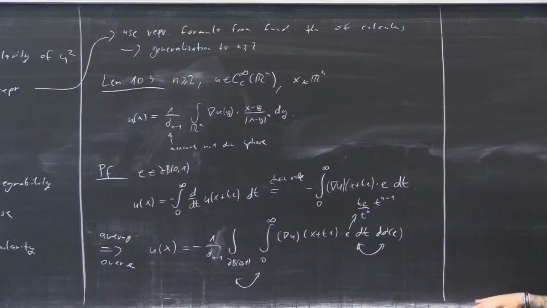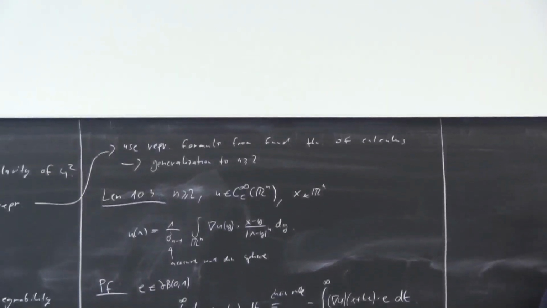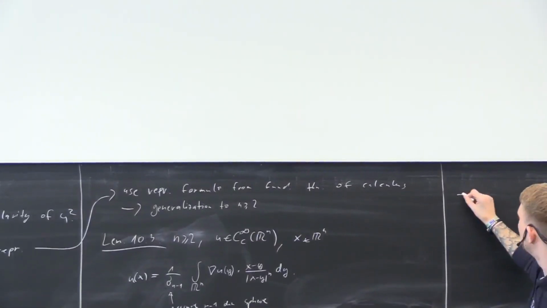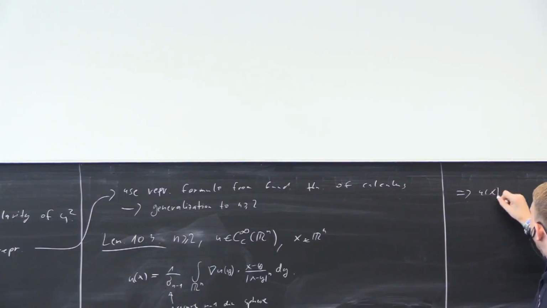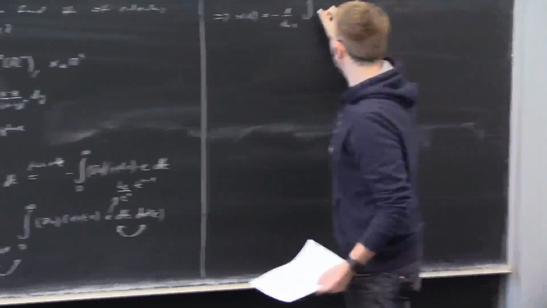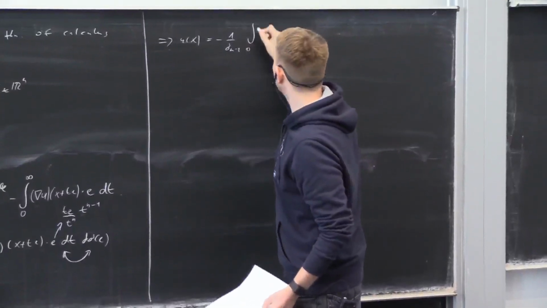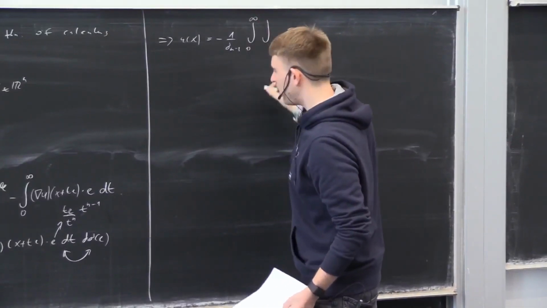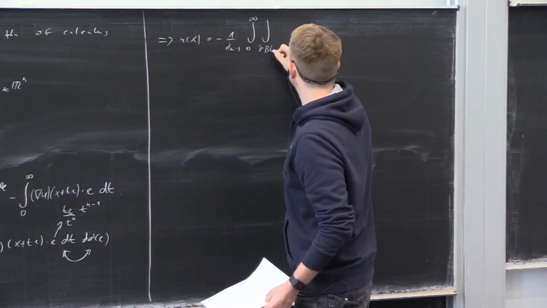Okay, so maybe let's copy again this line with all the modifications that we did. We have u of x is minus 1 over sigma n minus 1, then we get this integral from 0 to infinity. Here we get this integral over the sphere.